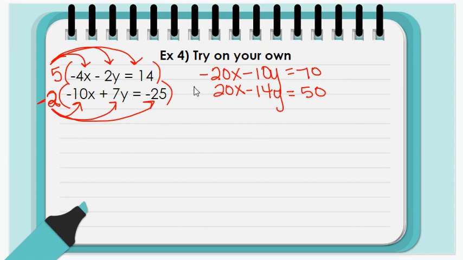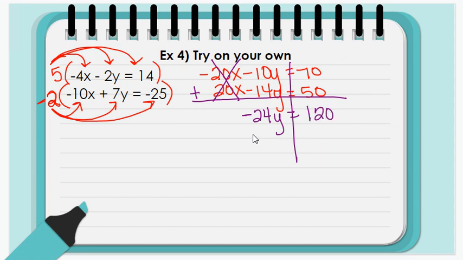Now I'm ready to add these two equations up. Here we go. -20x and positive 20x are going to cancel. -10y and -14y gives me a -24y. Remember your rule, same sign, so you add and keep the sign. And then 70 plus 50 is 120.